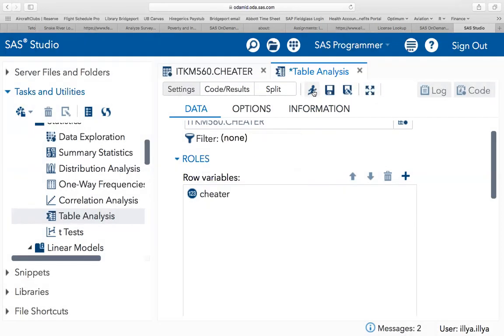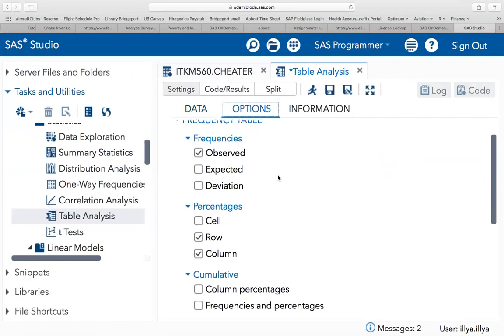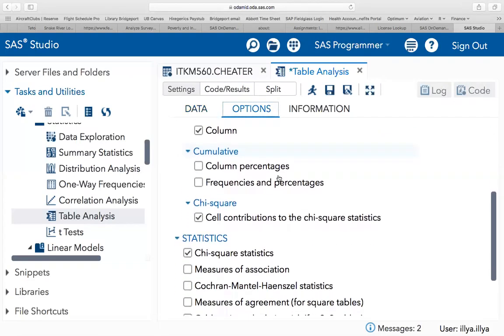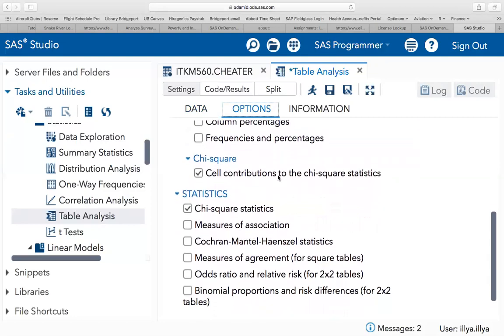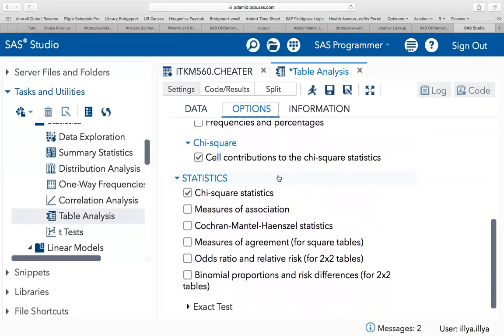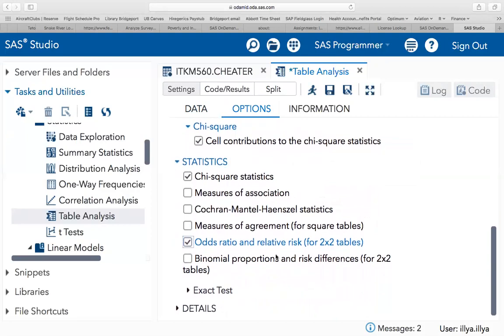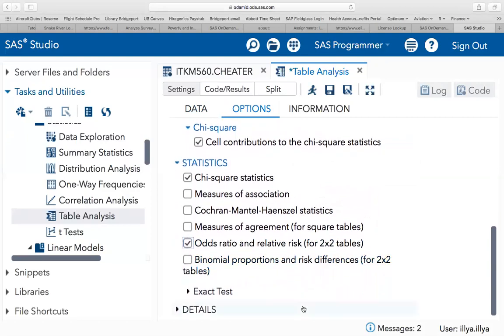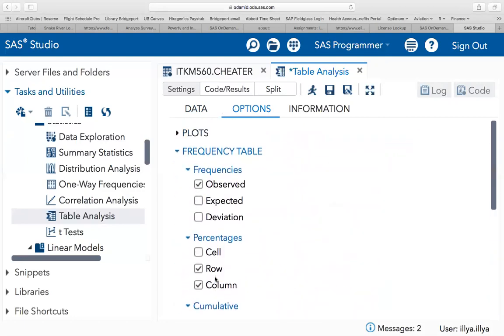Let's run this. Oh, I'm sorry. Let's look at options here. And I'm actually going to want to take out the plots.